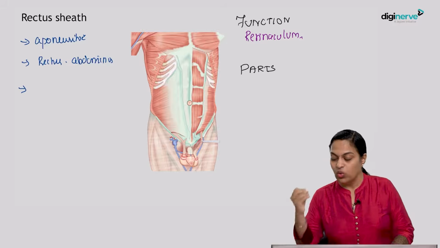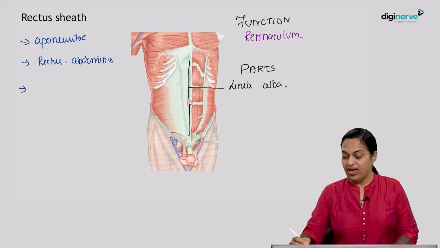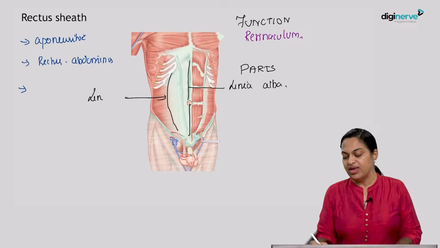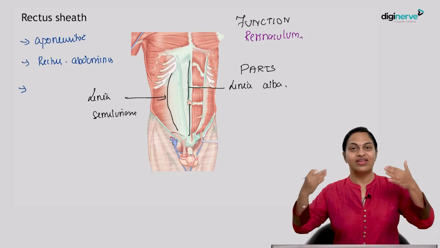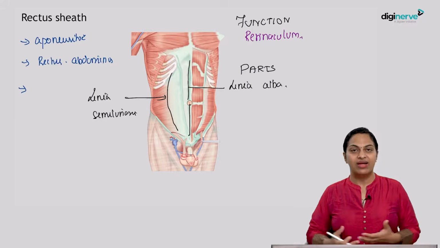As I told you, it has a medial margin which we are going to call linea alba, and the lateral margin, we are going to call linea semilunaris. And I told you about the tendinous intersections connecting the anterior wall to the anterior surface of the muscle, giving that six-pack appearance.